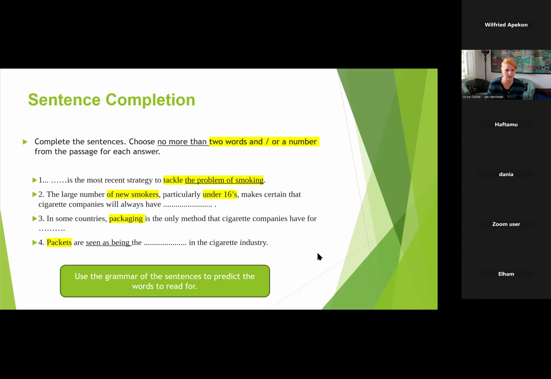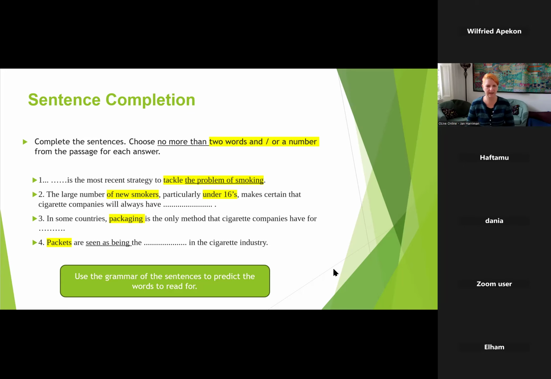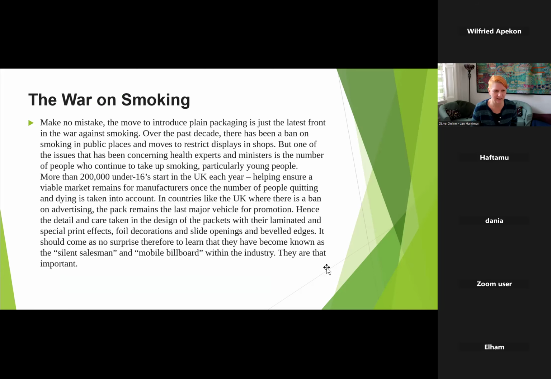We have an idea of what the answer will be for under 16s and how cigarette companies will always have buyers. Exactly. In some countries, packaging is the only method they have for, what is it? What do they use those packages for? And how do they use them? Okay. Ready? Off we go.